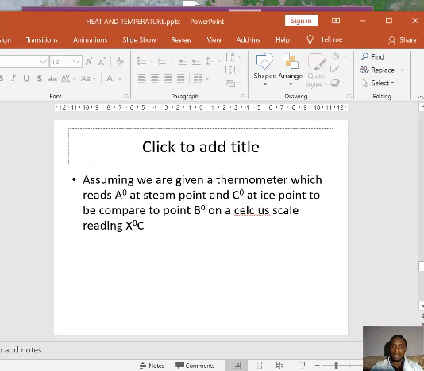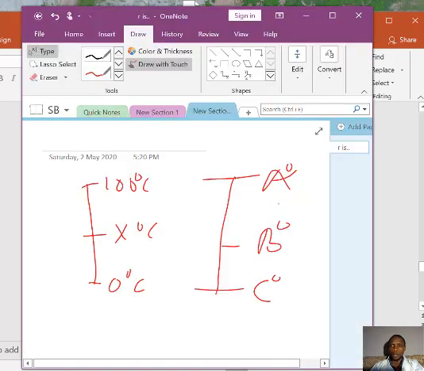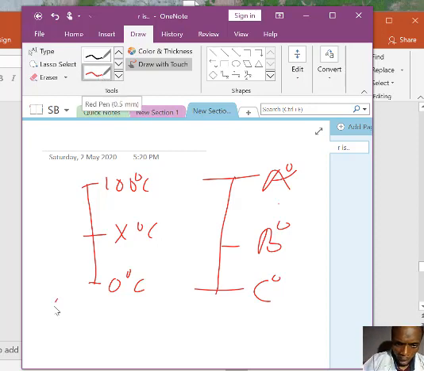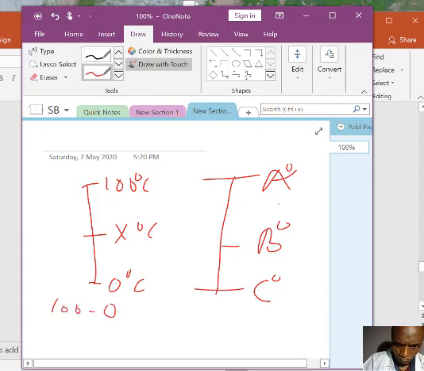Comparing, A is at the steam point, which is 100 degrees Celsius. Then C is at the ice point, which is 0 degrees Celsius. Then we are comparing a value B on the arbitrary scale to X degrees Celsius. So this is simply going to be 100 minus the lower fixed point, which is 0, all over X minus 0.